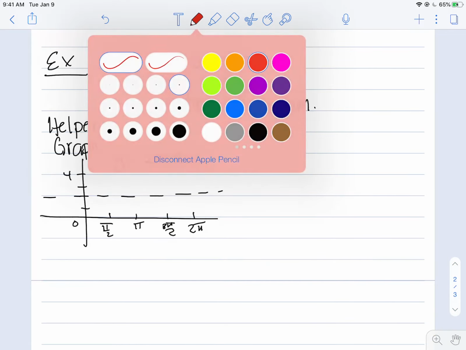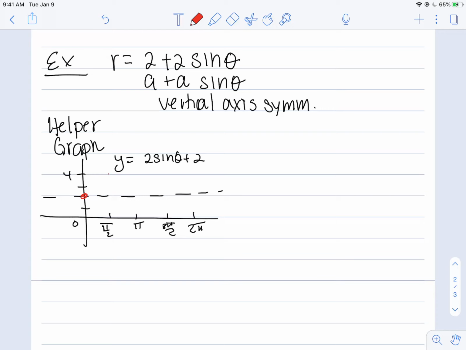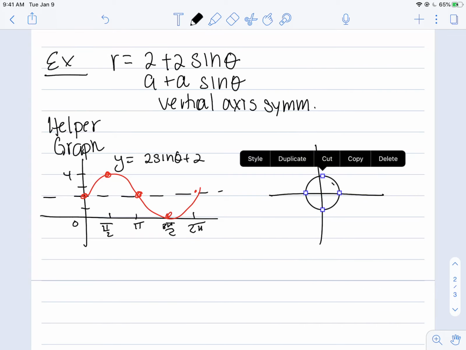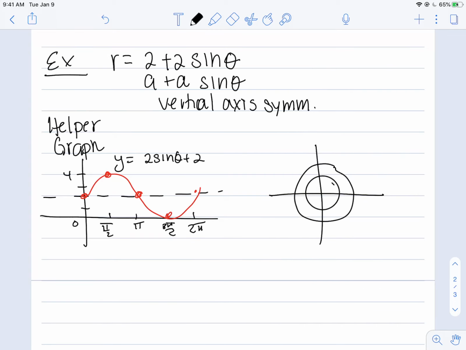So then my graph starts at equilibrium, goes to the max, equilibrium, minimum, equilibrium. Okay, so then on the polar axis, I should have at least 4 rings. Here's 1, 2, 3, and 4.